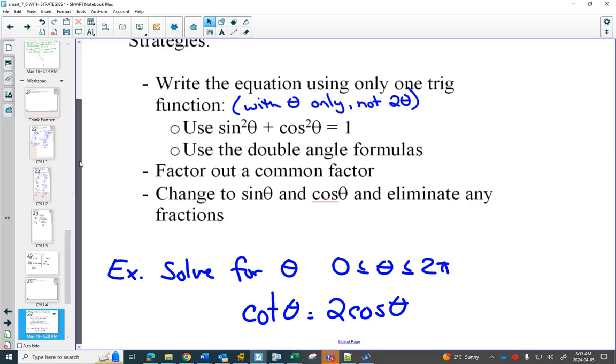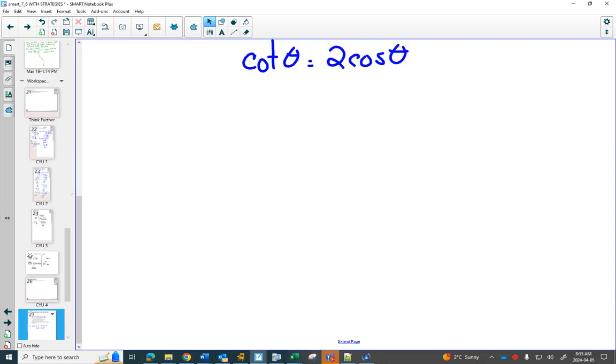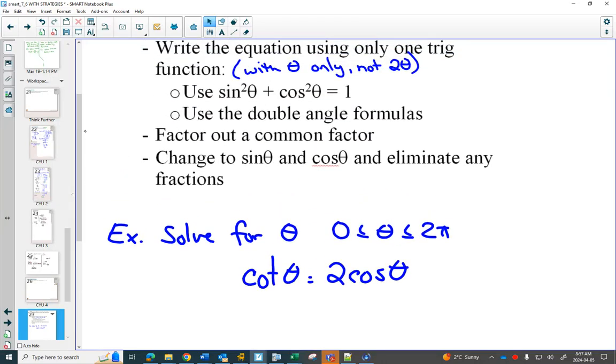So in solving for theta here, it is a solve question. The strategy that we're going to use in this situation, which is kind of like a strategy that you're going to use in identities, is if you don't know what to do, it's not bad to change everything to sine and cosine and problem solve from there.